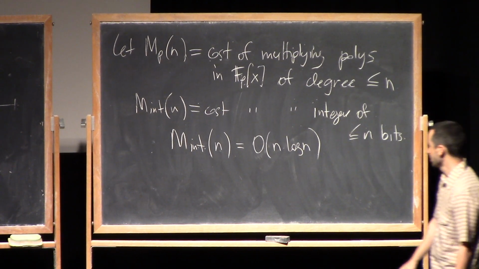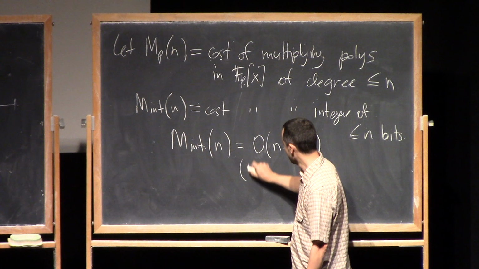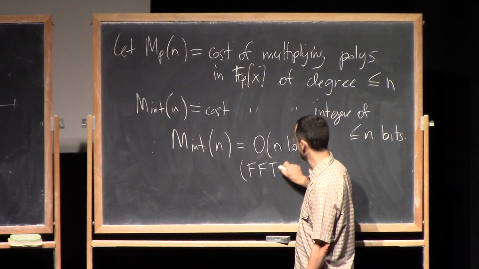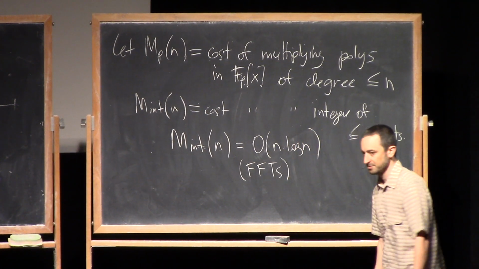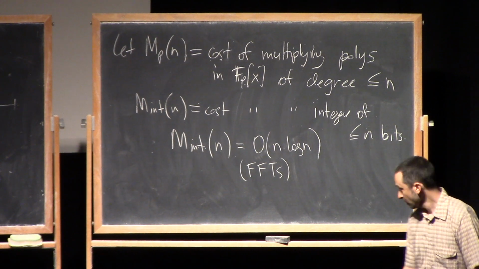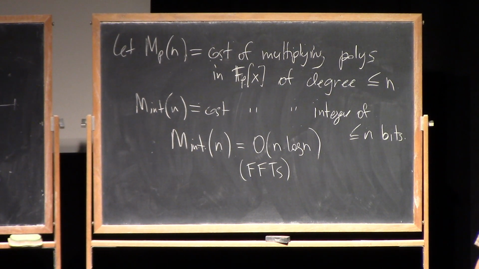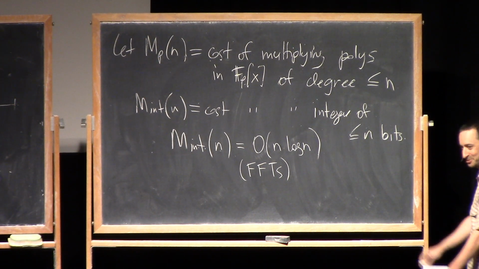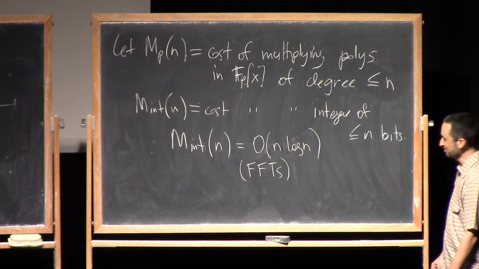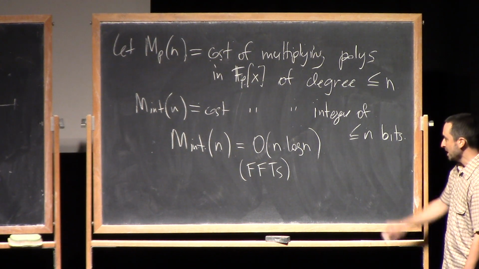And this is an annoyingly complicated algorithm which uses a lot of FFTs and other fun things. And as I said, I could talk for hours quite happily about this, but I'm not going to. Okay, so we have this algorithm.